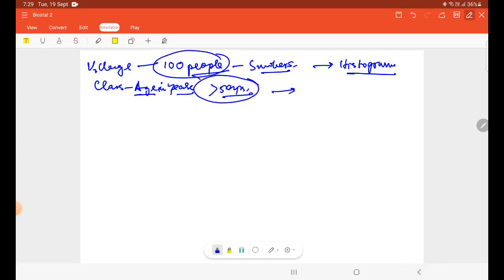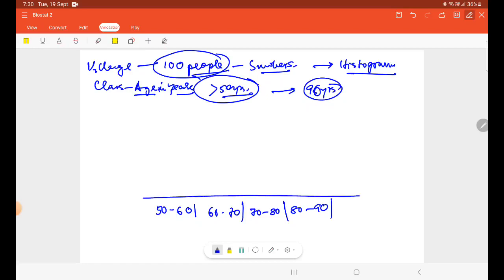And the upper limit is here, say 95 years. Okay, so the class interval can be equal, say 50 to 60 years, 60 to 70 years, 70 to 80 years, 80 to 90 years. In four categories we need to classify.